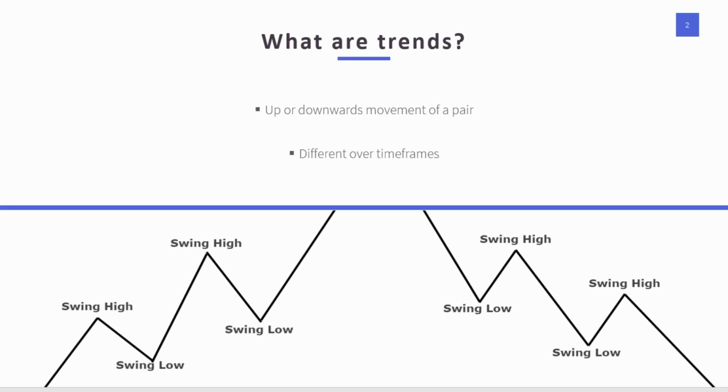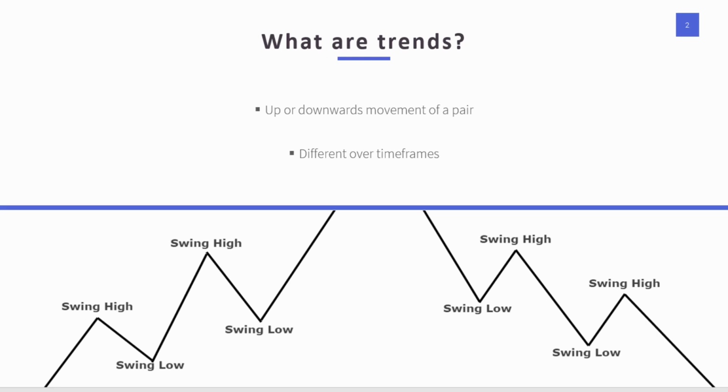But that does not mean that the pair in general is also moving up, because you can zoom out to the 1 hour, which is not too far from 15 minutes, so that might still be up. But if you then look at the daily, you can clearly see that on the daily time frame the price is moving down. So you should always keep that in mind while trading.